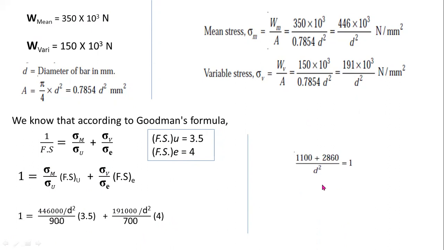So diameter d equal to 62.9 mm, that is nearly 63 mm. So the required size of a shaft equal to 63 mm is sufficient. Okay, so this is the final answer for this problem.